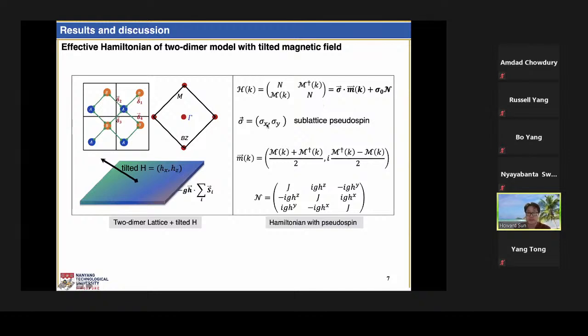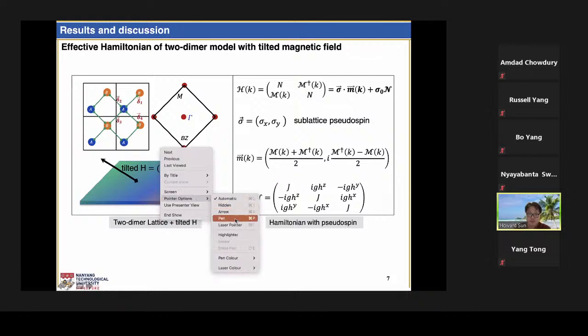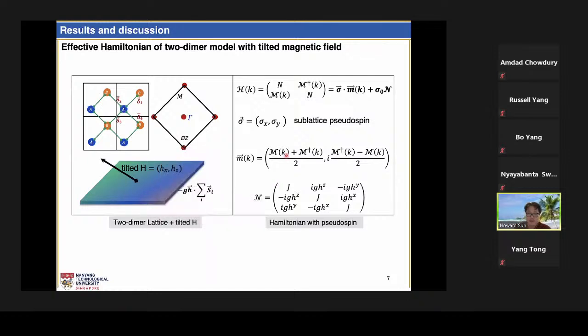Here we include the sublattice spin for these two sublattices into this model, and the matrix M is the interdimer hopping, and the matrix N describes the intradimer energy and the hoppings.